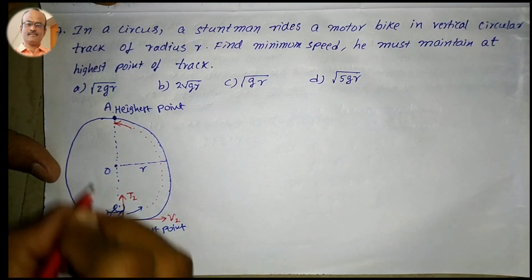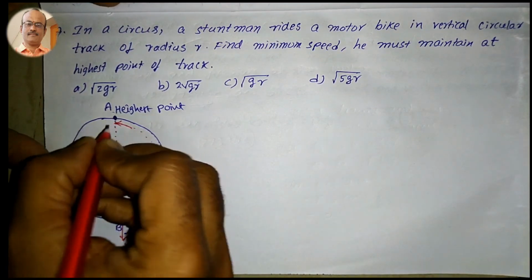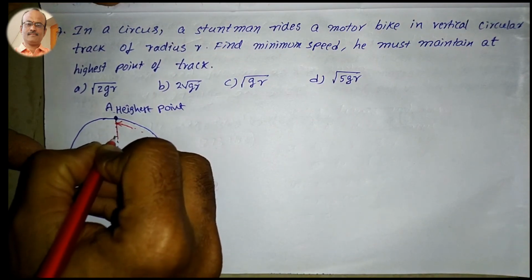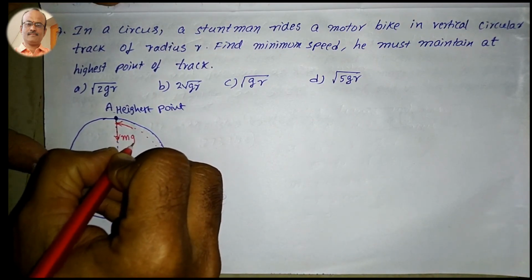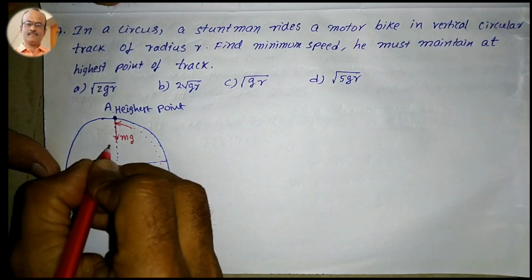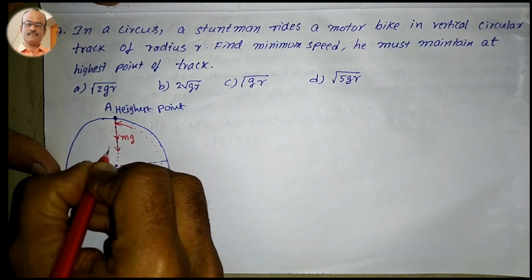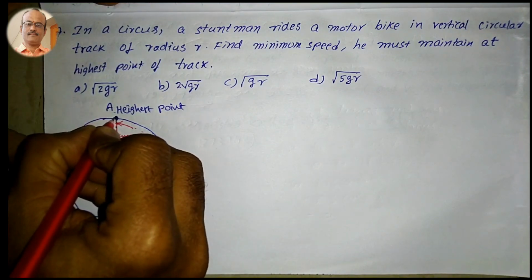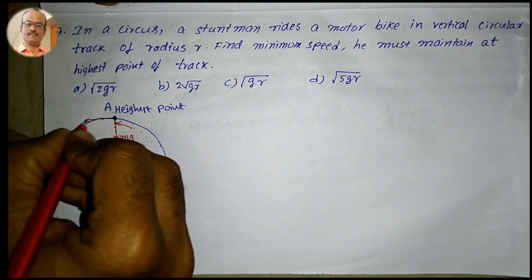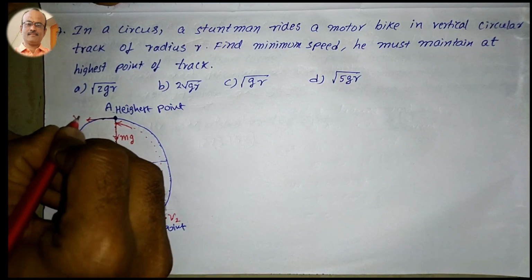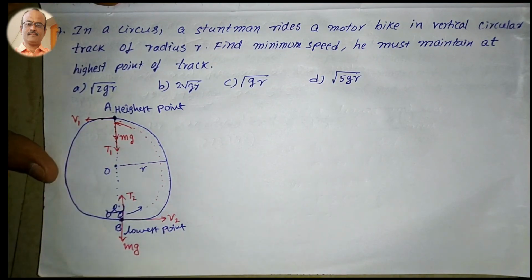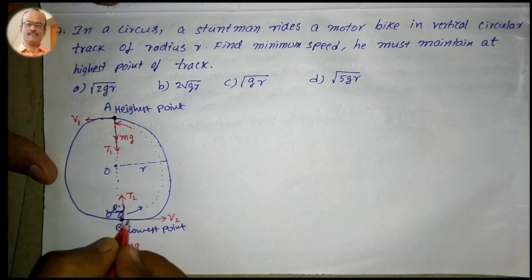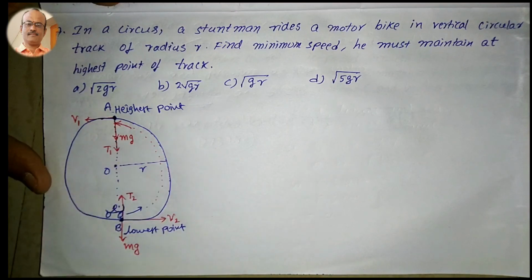Now at the highest point, the weight acts downward, and the tension also acts downward, and the velocity of the person at the highest point I will take as V1. The direction is always tangent to the track, that we have to remember.